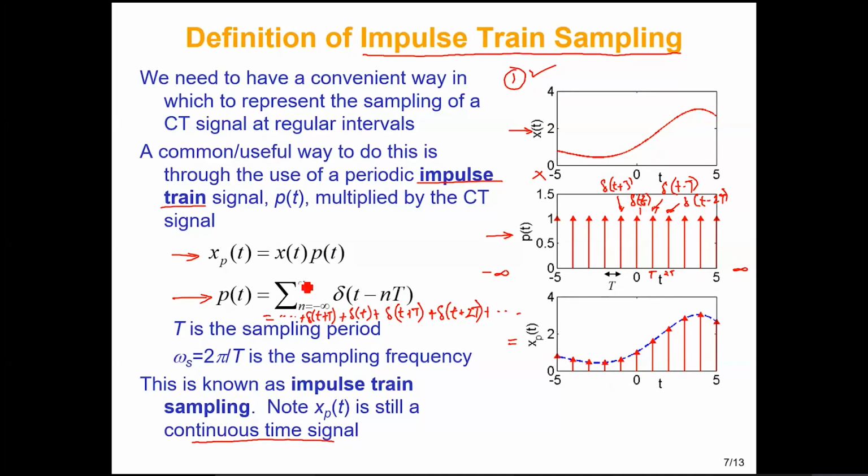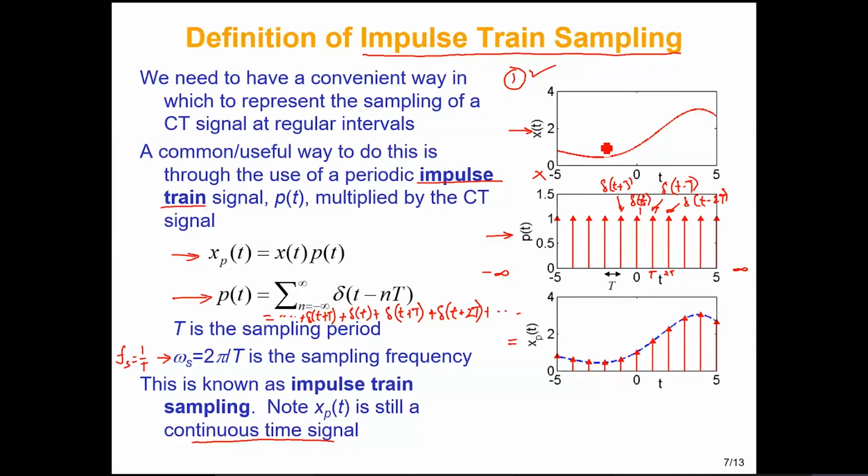And T is the sampling time period. The distance between these impulses is T, which we call the sampling time period. The sampling frequency is obtained by taking the reciprocal of the time period. Similarly, we have the angular sampling frequency, which is 2 pi over T.